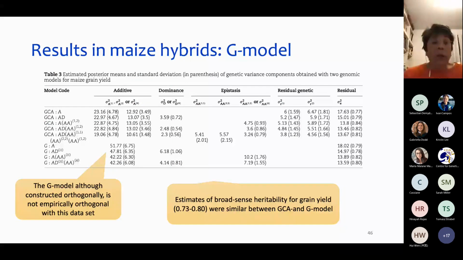What we saw when we compare this model with the G model is that the G model, even if it was constructed orthogonally, is not empirically orthogonal, because you see that we have variation in the estimation of the different variance components. But if we look at the heritability, the values that we obtain with the two models were similar.